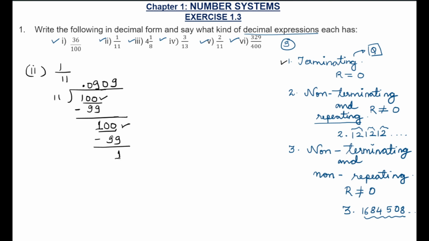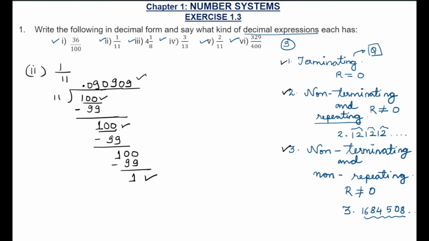So again a 1, and it will actually keep on going in the same manner. Just put here 0 and a 9 and 99, and again you're getting the same remainder. So if you see here, the remainder is not equal to 0, so it can be either non-terminating and repeating, or it can be non-terminating and non-repeating.